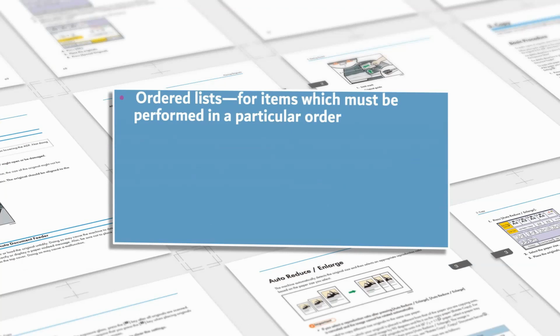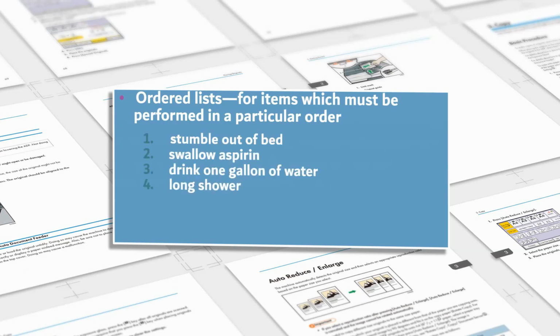Ordered lists are the particular type of list you use when stuff must be performed in a particular order. We're going to be doing an instructions assignment. If you're telling somebody a set of tasks to do, they need to be numbered to show that they are things that have to be done in that order. Stumble out of bed, swallow aspirin, drink 1 gallon of water, long shower, breakfast of leftover pizza.